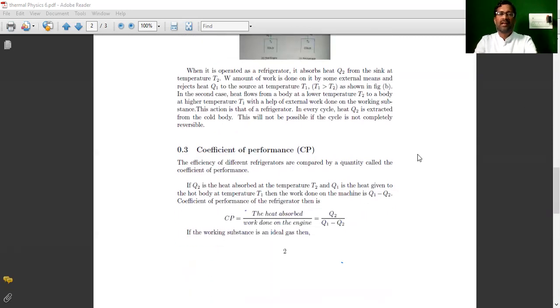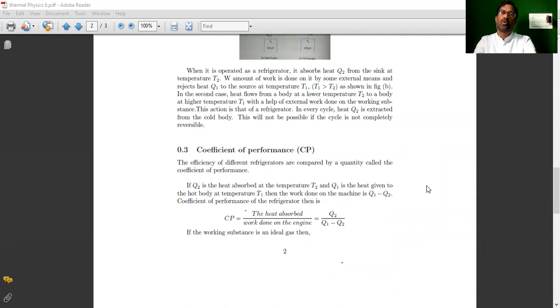Now let us see the coefficient of performance. Now we have seen the efficiency of heat engine. Now when you consider the refrigerator, the efficiency of the refrigerator is measured by a quantity called coefficient of performance.